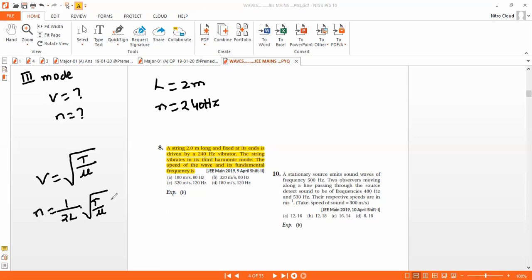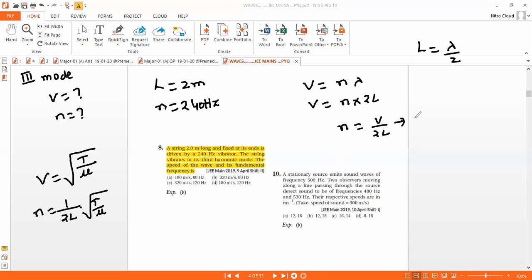Firstly, suppose speed is equal to n into lambda, that is frequency times lambda. For the fundamental, L equal to lambda by 2, so lambda means 2L. So frequency is equal to V by 2L.